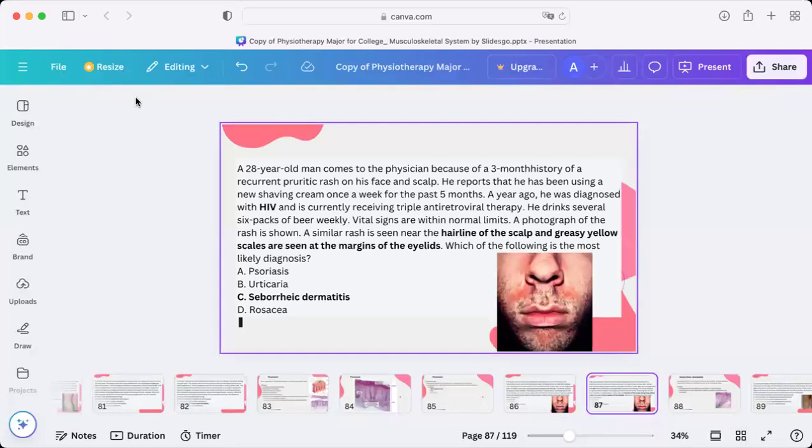Guys, what are some of our patient's risk factors? I mean, I highlighted it, but tell me on your own. What are some of our patient's risk factors that can predispose him to seborrheic dermatitis? And tell me about the pathophysiology. What causes this?